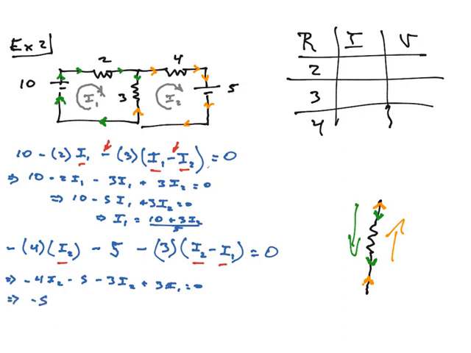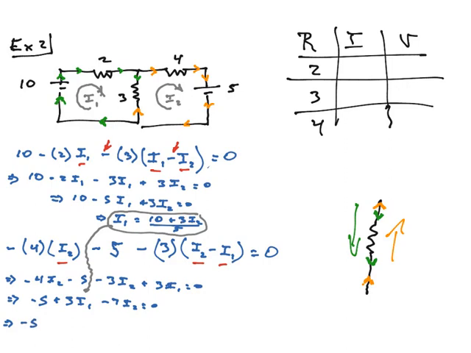So I've got minus 5 plus 3i1 minus 7i2 equals 0. And now here comes the two equations, two unknowns, substitution stuff. Take I1 and plug it in for I1.